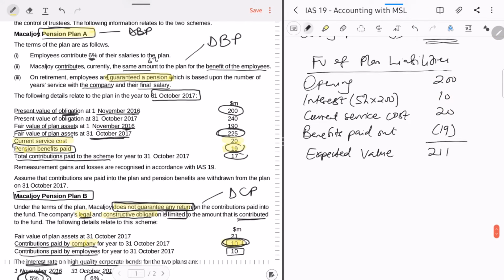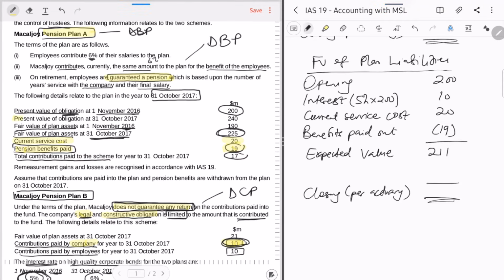Then what do I do? I compare to what the actuary said, right? So closing per actuary. What did they say? Let's come here. They said present value of obligation at year end, 31st October, is what? 240. So they got 240. So I compare their 240, so 240 minus 211, I subtract and I get 29. So I have 29 here.